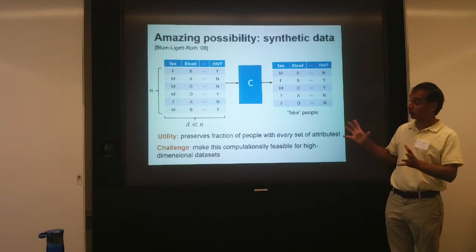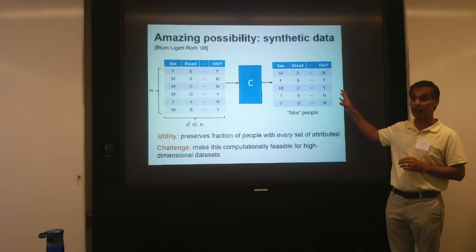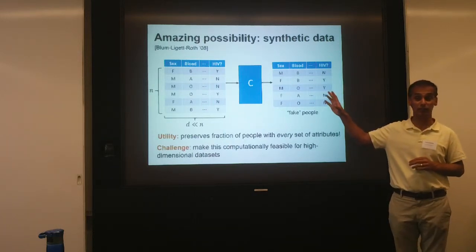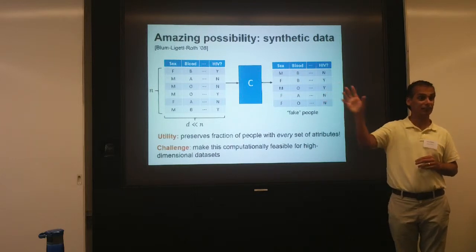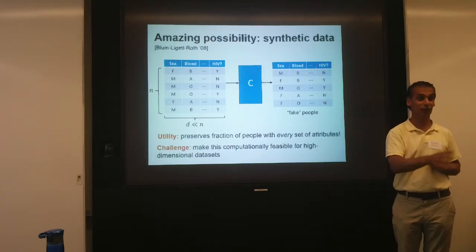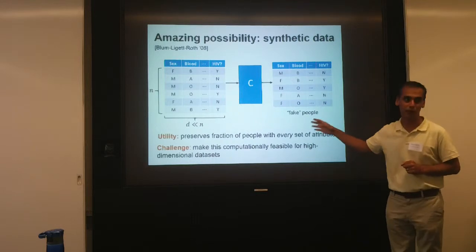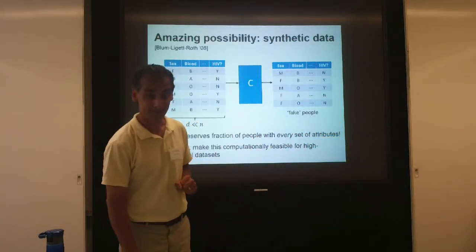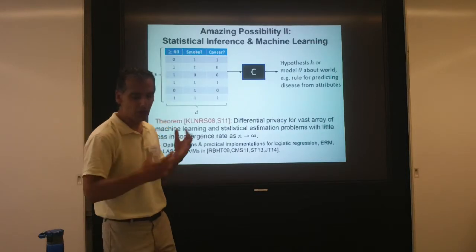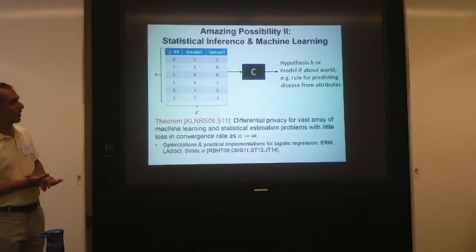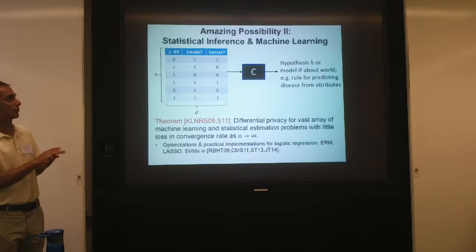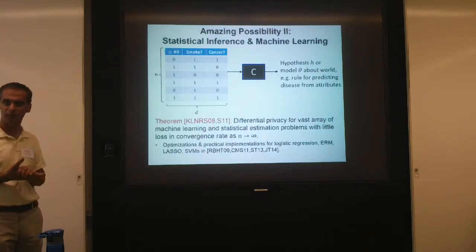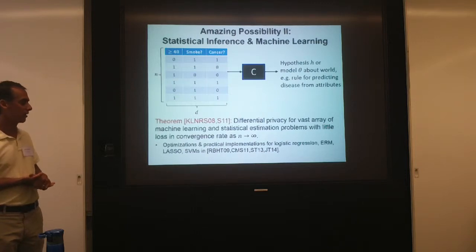Now there are better approaches for this, and in fact, one of the projects this summer, Lim, the things you're working on, contingency tables, is one of the approaches to doing this better. And there are also some amazing possibilities, some very general results about doing statistical inference and machine learning. I kind of hinted at what kind of things you can get.